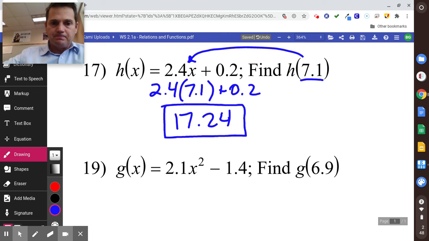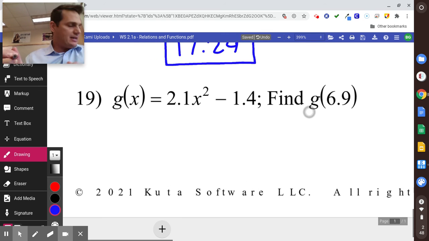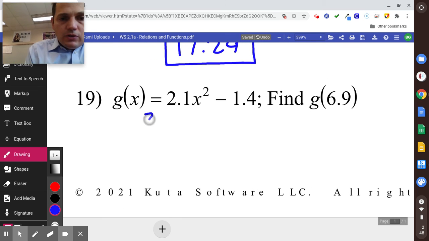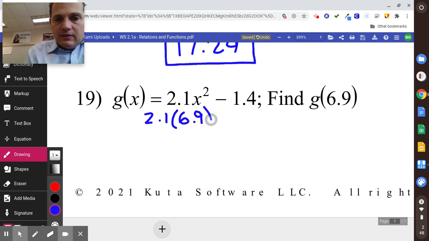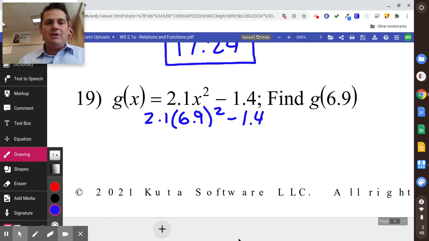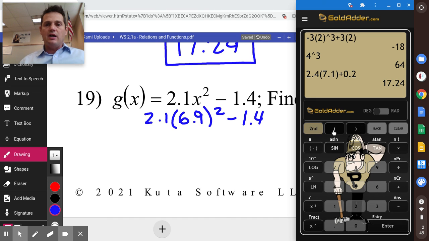Next one, 19. Last one. 2.1 times 6.9 squared minus 1.4. Okay. So again, I'm not going to mess with doing this in my head or on paper. 6.9 squared is what I'd have to do first if I was doing it by hand. But let's use a calculator. Again, I really recommend getting one with parentheses buttons.